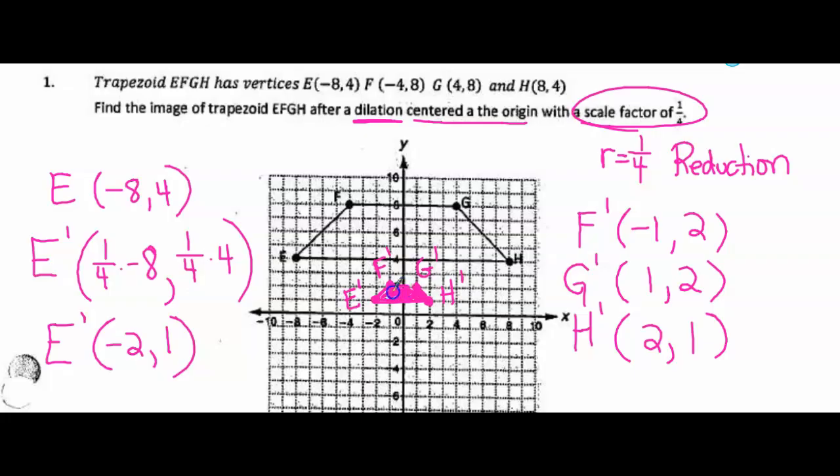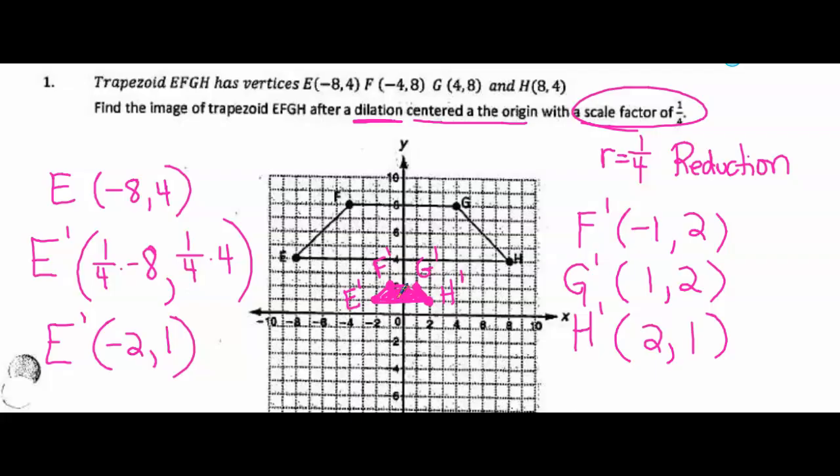And this is an example of a dilation that is a reduction, so it got smaller. Okay? If you have any questions, hopefully the sub could help you understand how I got my primes. We're going to do 2 more on here, and then you should have some time to work on your homework.